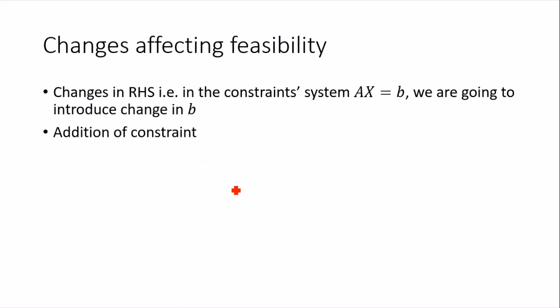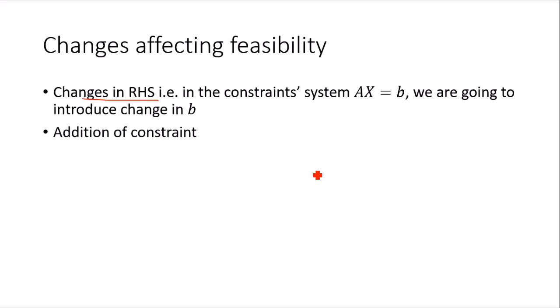Here I am taking first the changes affecting feasibility. There are different kinds of changes which can affect feasibility, but our focus is going to be on these two. The first change is a change in the right hand side. Remember what an LPP looks like: it has an objective function, constraints and the non-negativity restrictions.